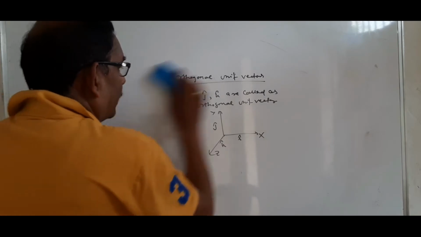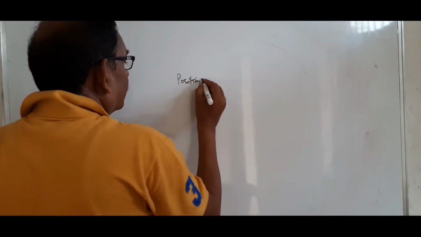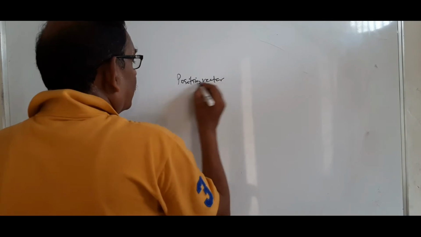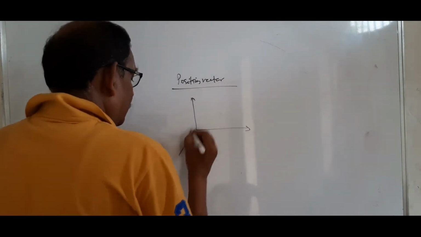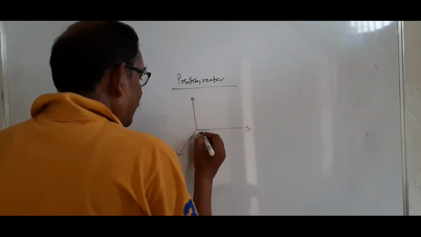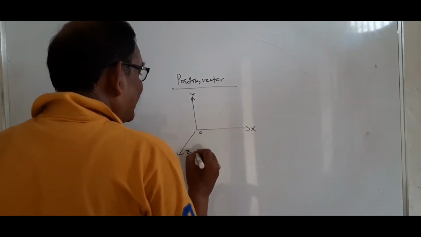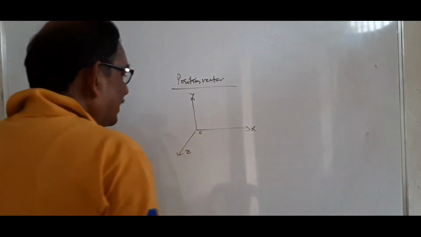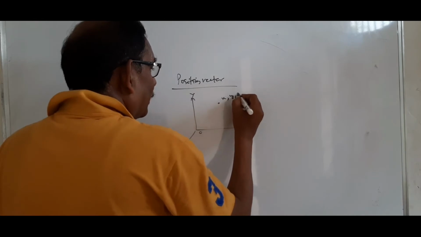Now come to position vector. What is a position vector? The particle is here at a distance x, y, z from the x-axis, y-axis and z-axis, represented like this: x, y, z.